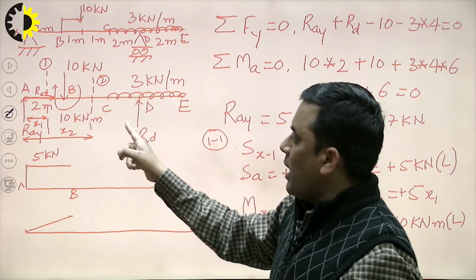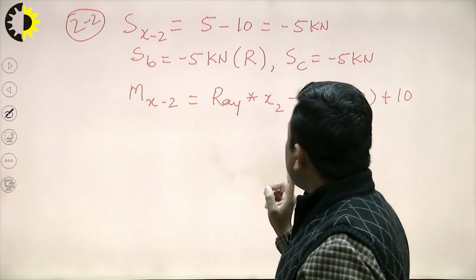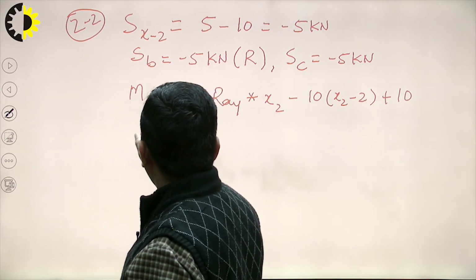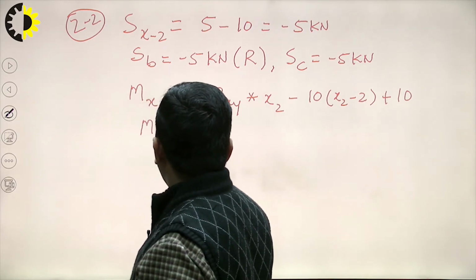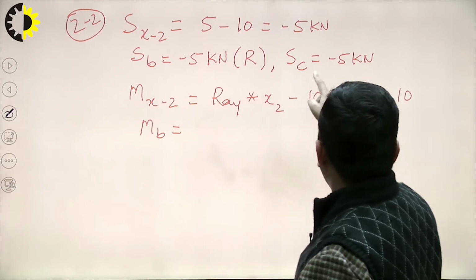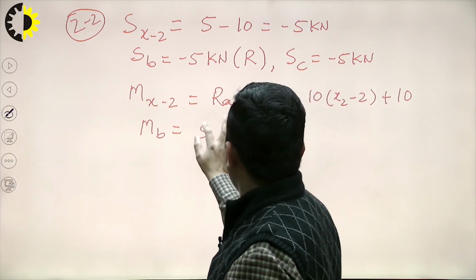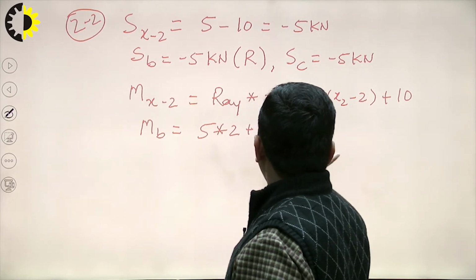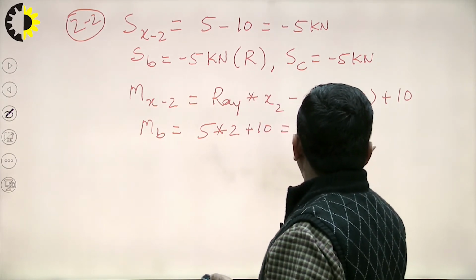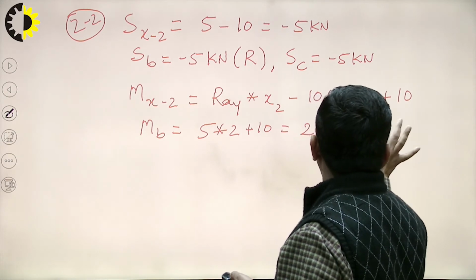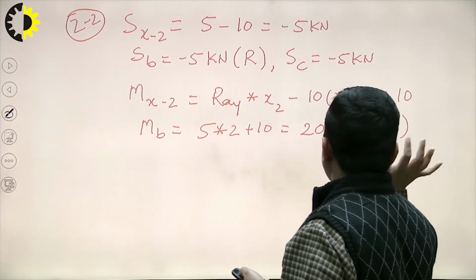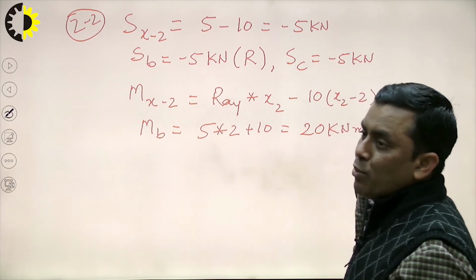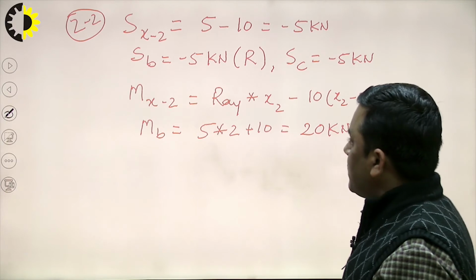Similar thing will happen with the bending moment also. For point B, for bending moment calculation, x2 is 2, so this term will become 0, and 5 into 2 plus 10 will be 20 kilonewton meter. It is on the right side, as the section plane is on the right side of B, so I am writing it as the value of bending moment for point B for the right side.